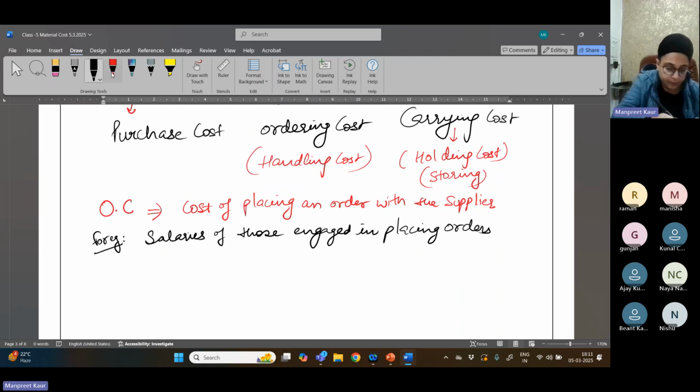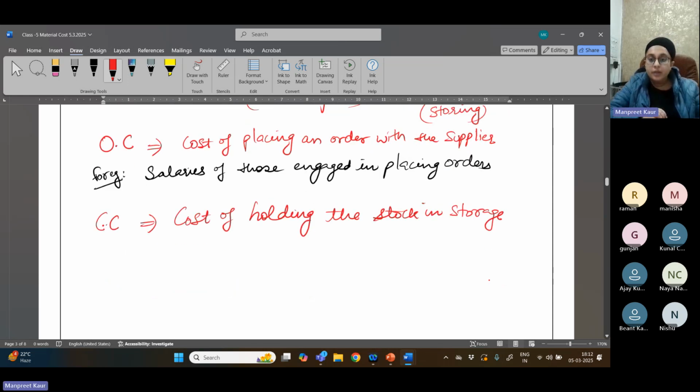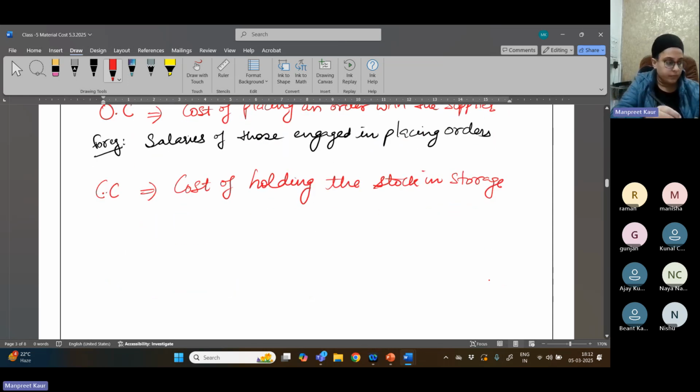Next is the carrying cost, which I denote as C.C. That is the cost of holding the stock in storage, the carrying cost.